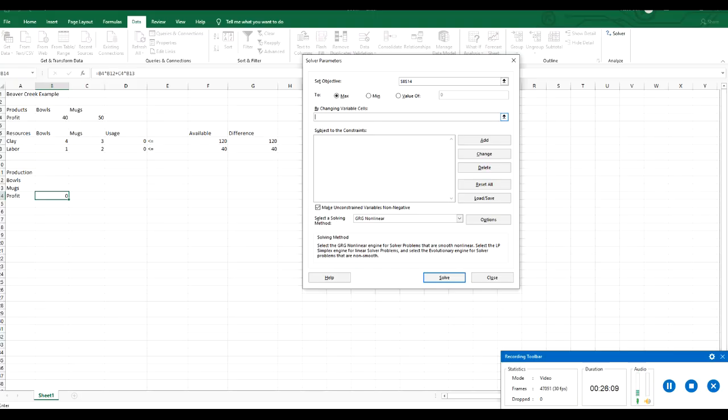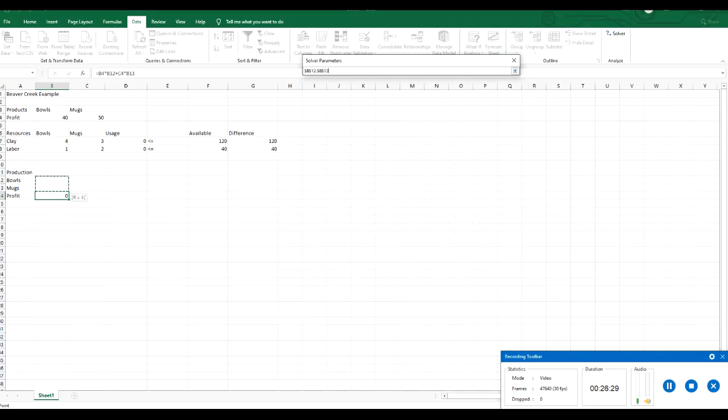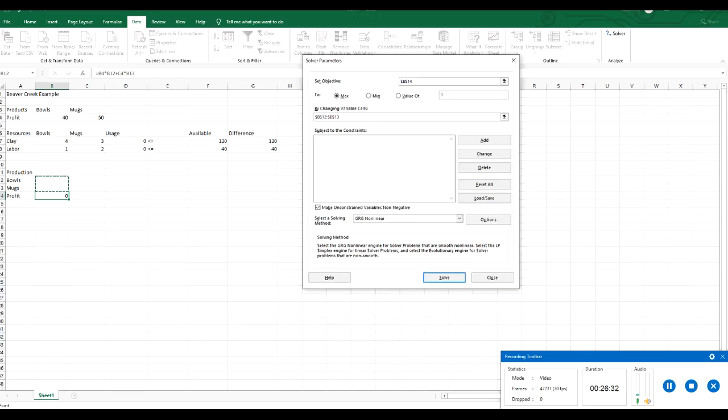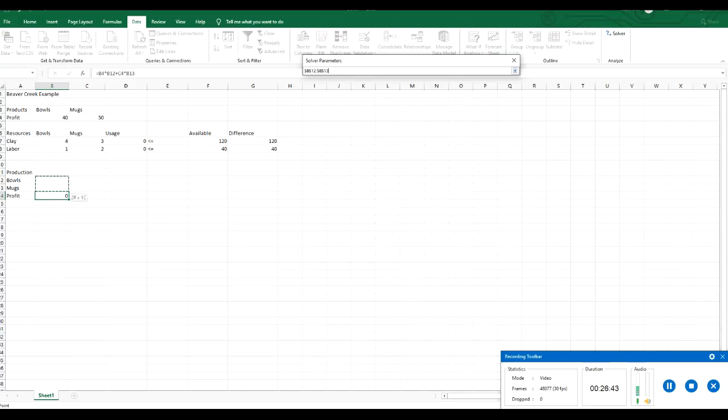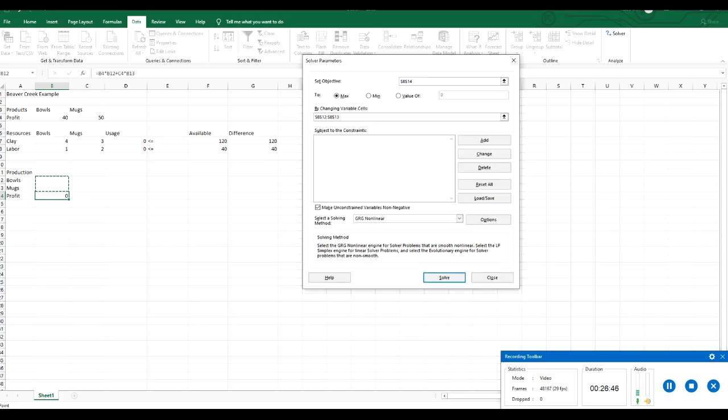Etc. It will continue doing this until it determines the maximum profit, because we've told it maximum right here. So we have to change which cells. What cells is the computer figuring out? It's figuring out B12 and B13. Done. So we click here on cell B12 and we drag down to cell B13, because this is what the computer is changing.